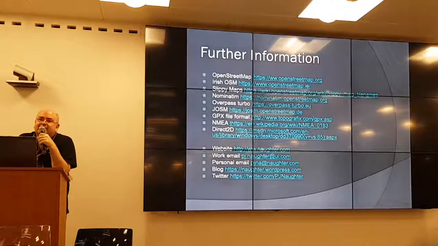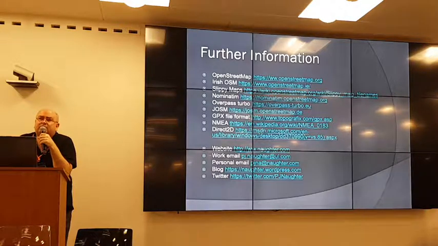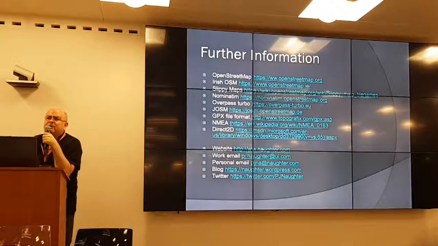Is the OSM community interested in something akin to Street View? There is actually, yes, sorry, let me repeat the question. Is the OpenStreetMap community interested in something akin to Street View? There is a project live, it's called Mapillary, where you can run your dash cam type cameras.